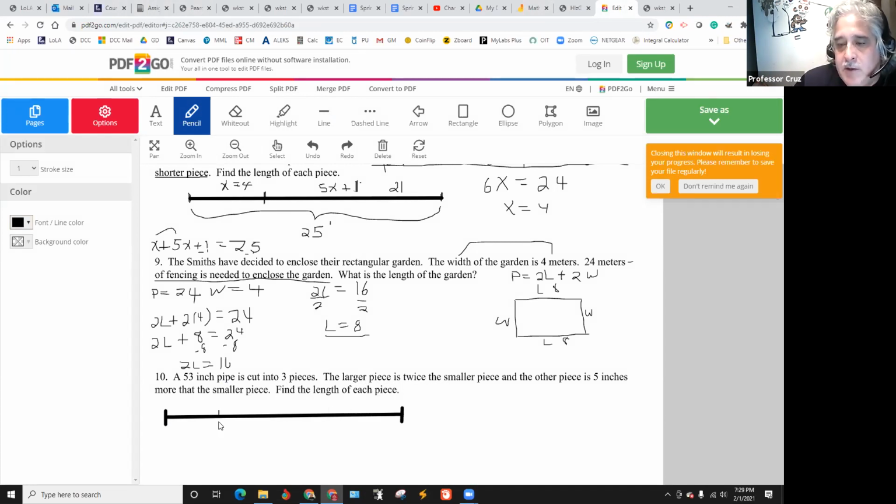So again, let's put this as X, the smaller piece. So the larger piece is 2X. It's twice the smaller piece. And then the other piece, the 3rd piece in the middle, is 5 inches more than the smaller piece.